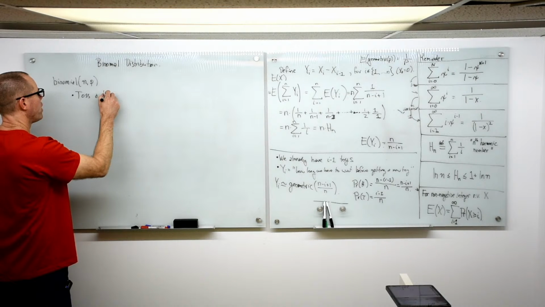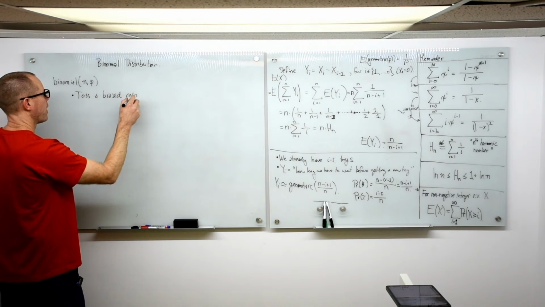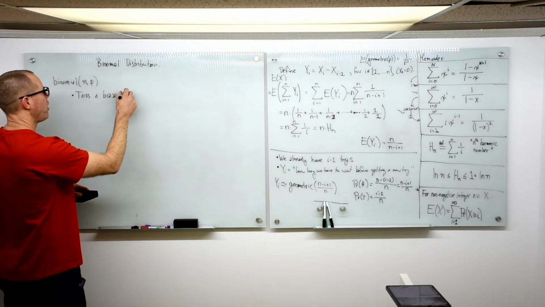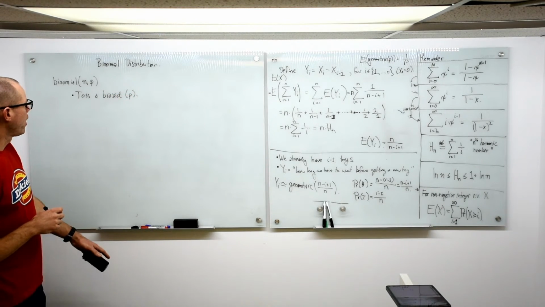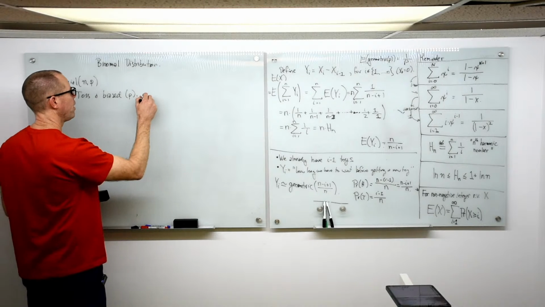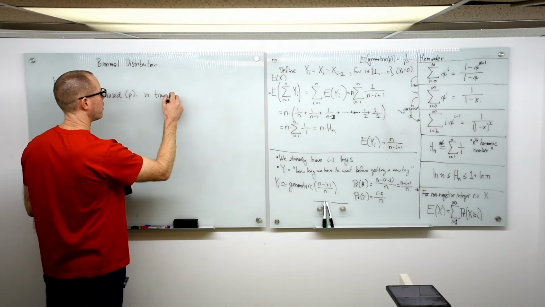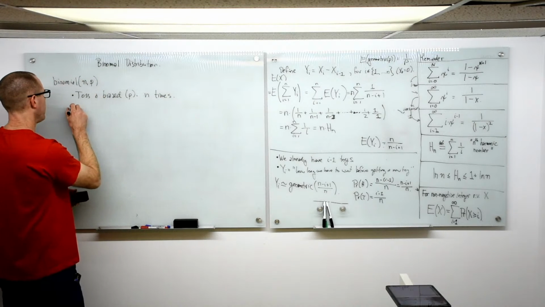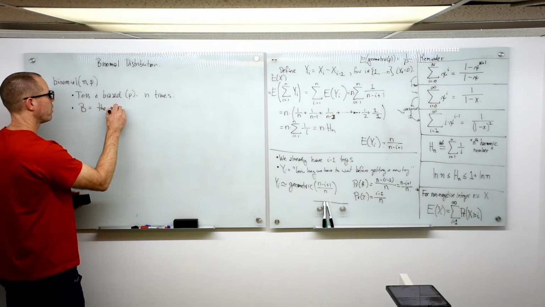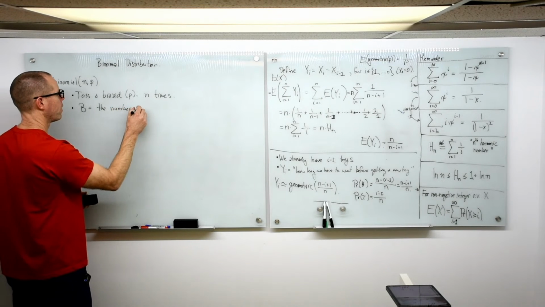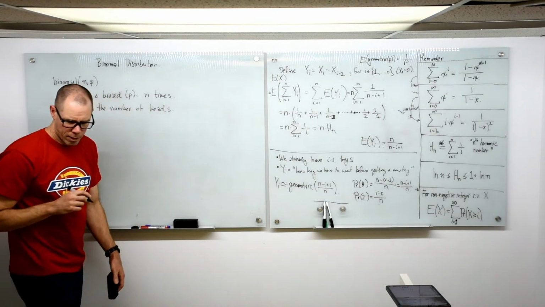Toss a biased coin, and by biased coin, I mean the same definition, comes up heads with probability p, and tails with probability 1 minus p, n times, and B is equal to the number of heads. Okay.